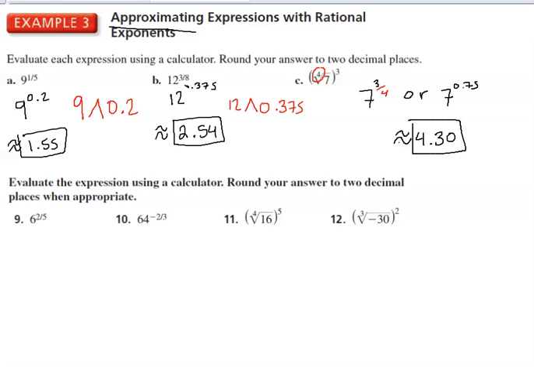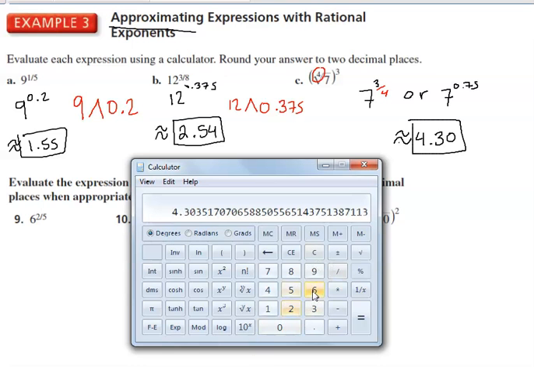Okay, go ahead and take a moment and use your calculator to approximate numbers 9 through 12. I will walk you through these one more time. 6 to the power of 2 over 5. So I do have an option to put parentheses here. If you are typing in an exponent that's a fraction, you do need parentheses.